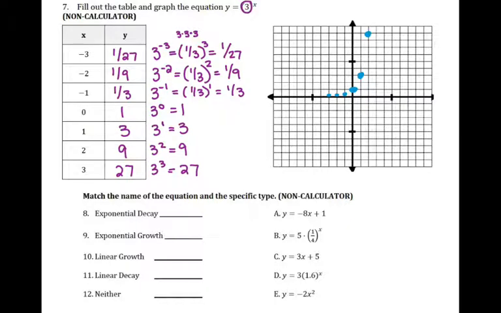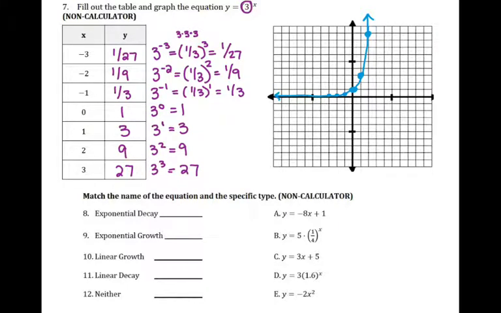Of course, I don't know exactly where 1/9 or 1/27 are on the graph, but we do know exponential functions are going to approach the x-axis. So now that I have these points plotted, I can go ahead and connect them and make a nice curve. And there is your graph.